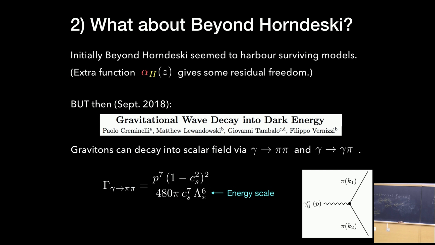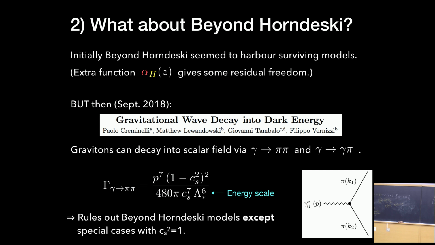So there's this little annoying loophole left, right? Most of this beyond Horndeski family is ruled out, but there's this one small island of models that survive, which are those with c_s squared equal to 1.